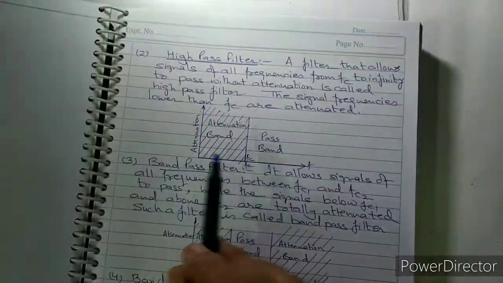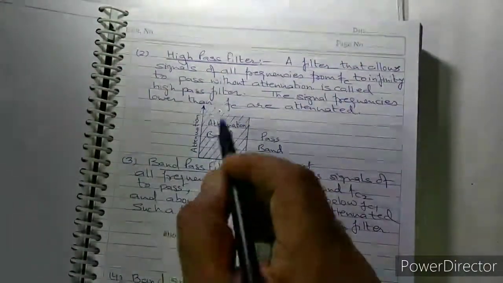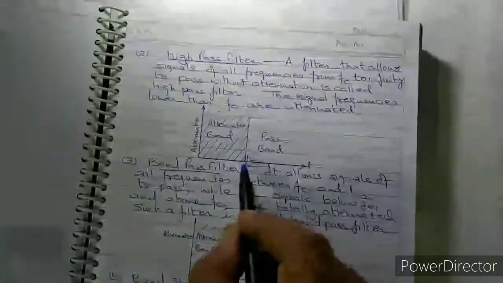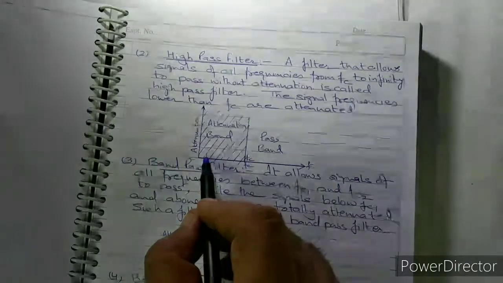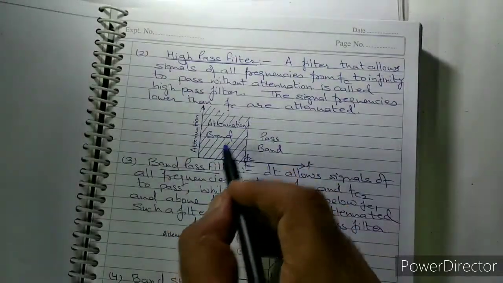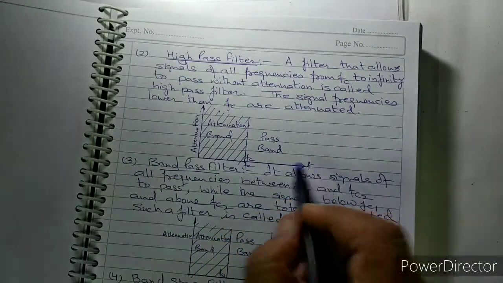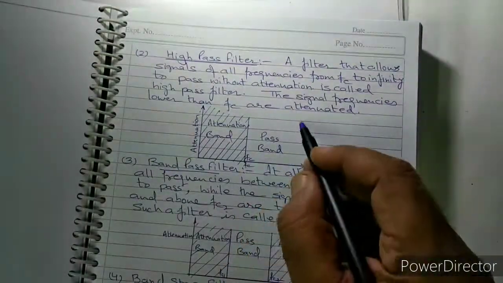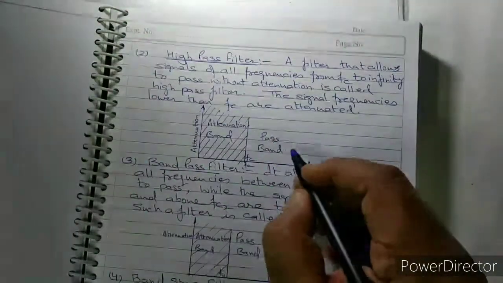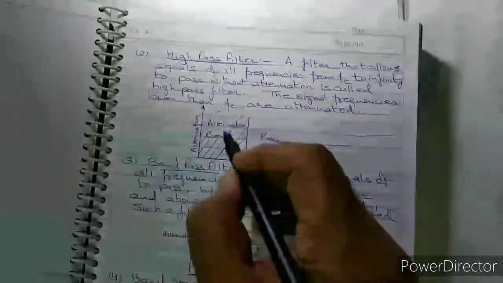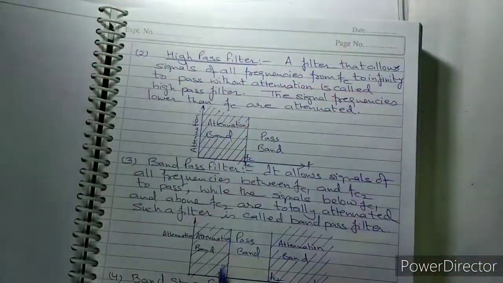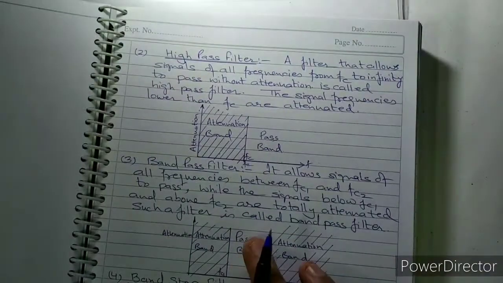Now here we can see the lower frequencies are attenuated. The frequencies below FC are all attenuated, but frequencies above FC are passed through the filter. So this is the pass band, this is attenuation band, and this type of filter is called high pass filter.